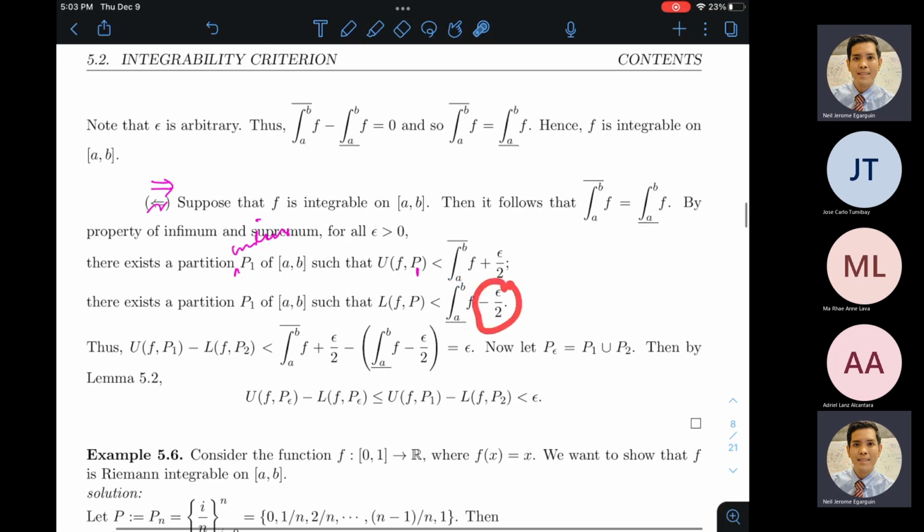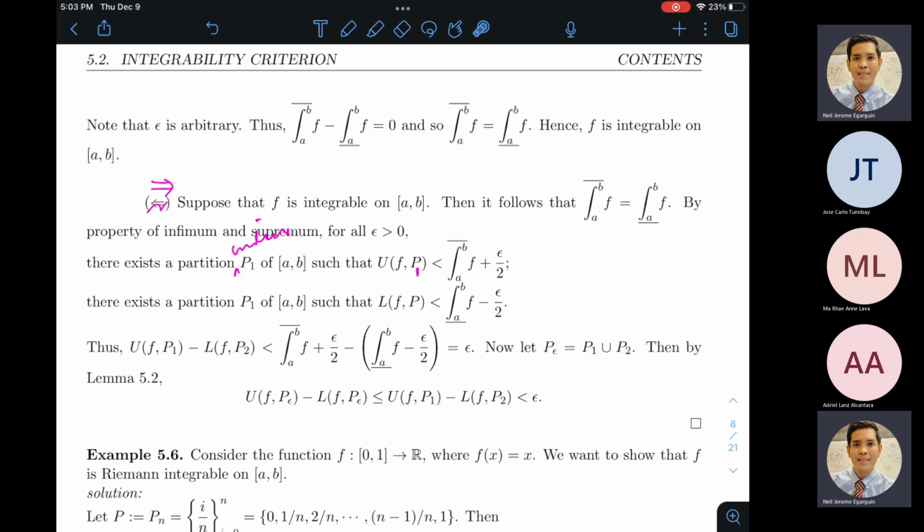Pag nag-minus ako sa kanya ng kahit na napakaliit na positive number, hindi na siya magiging upper bound. Alright? Hindi na siya magiging upper bound kasi siya na nga, yung Riemann integral na nga yung pinakamaliit na upper bound. So therefore, hindi na siya magiging upper bound.